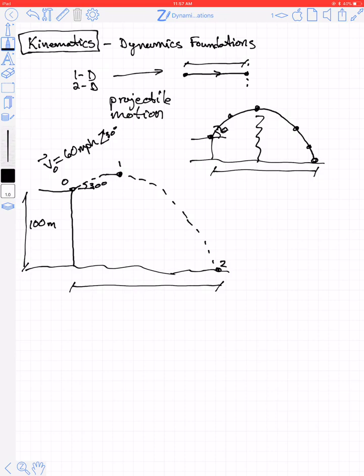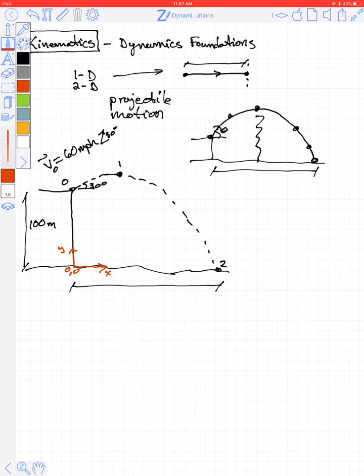So one of the steps here is to make an origin. Let's make an origin right down here at the base of the building and at the ground level. So this we'll call the y direction, this we'll call the x direction, and this will be 0, 0.